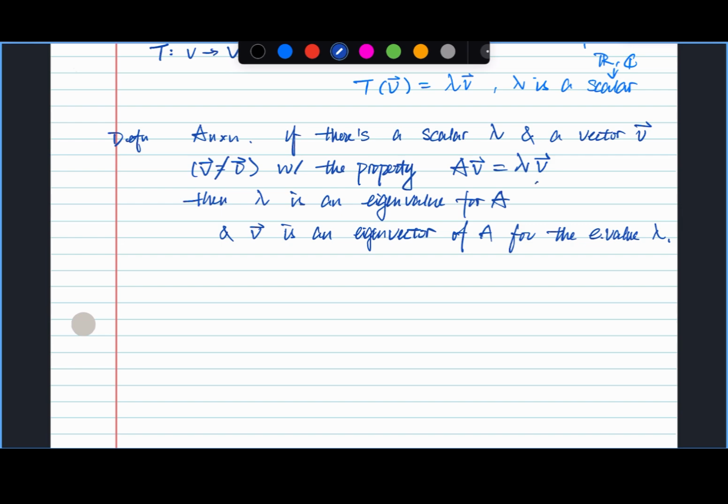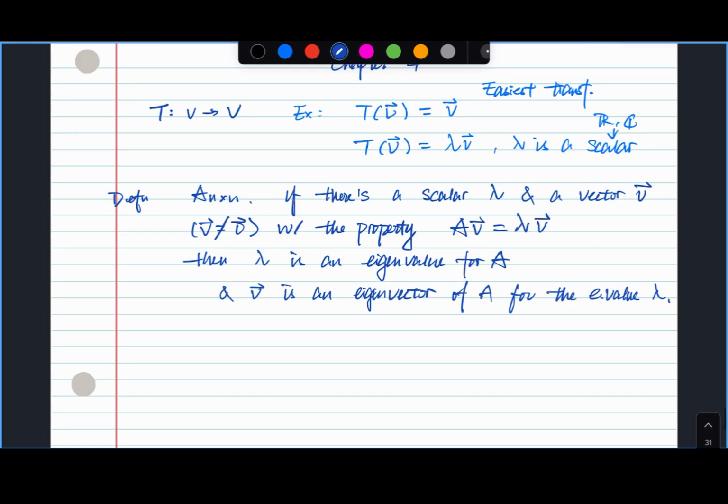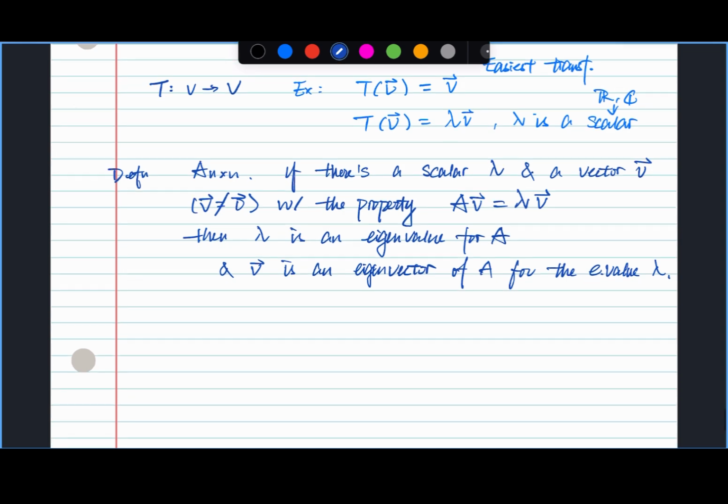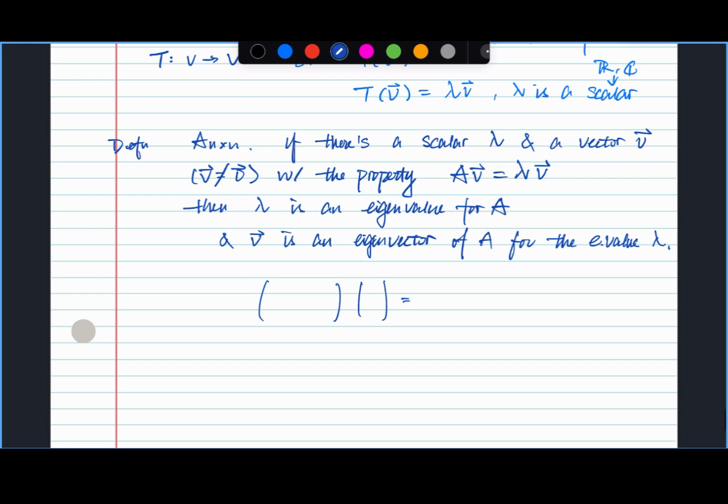So this actually means this v is not any v that can satisfy this. For the identity transformation, any v can map to itself. But when we are talking about a matrix multiplied by a vector equals lambda multiplied by a vector, if we change this vector, then we might not get just a lambda multiplied by a vector.